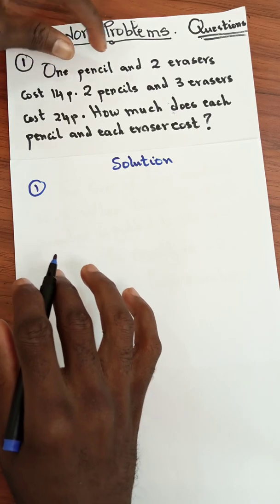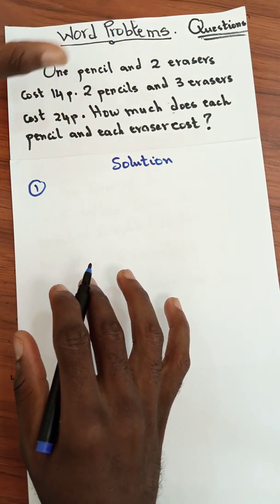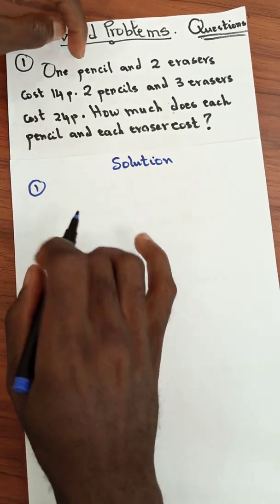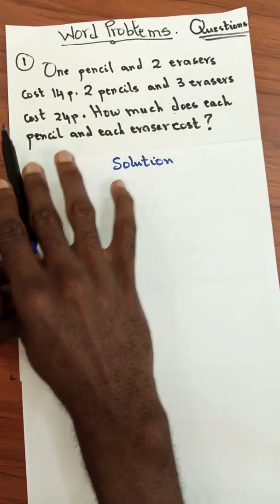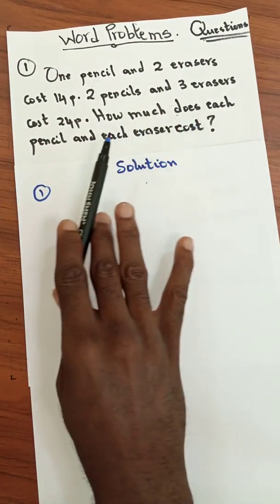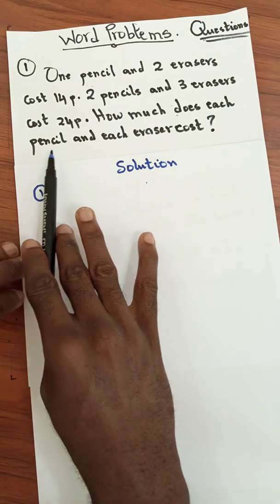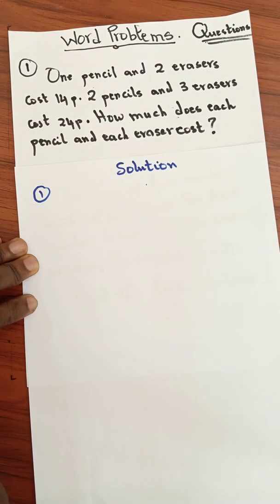Okay, so we don't know, let's say we assume a variable for the pencil, and then another variable for the eraser. So at the end, all that they want is to find the cost for each, both the pencil and then the eraser.